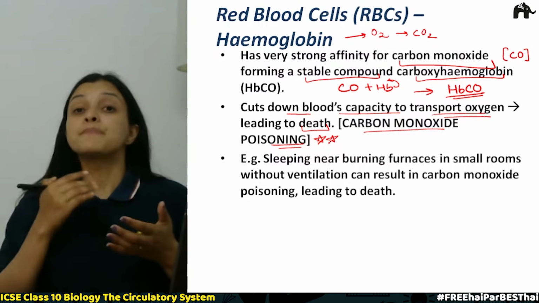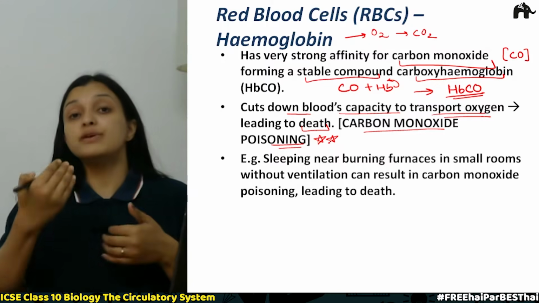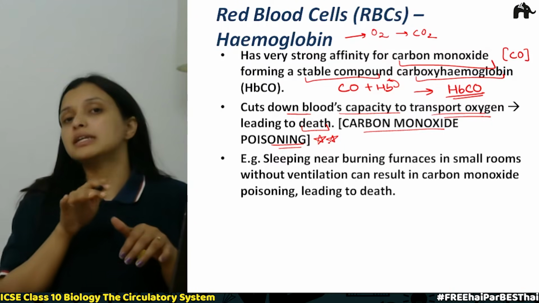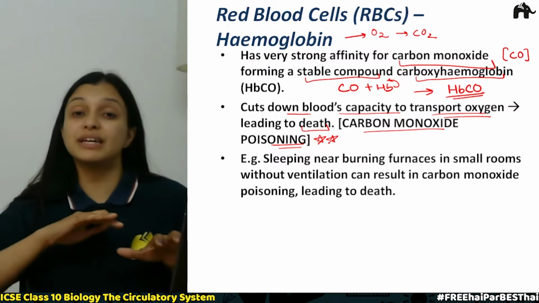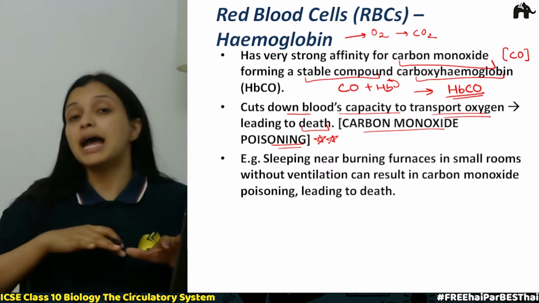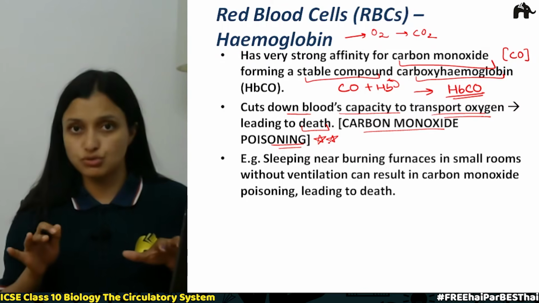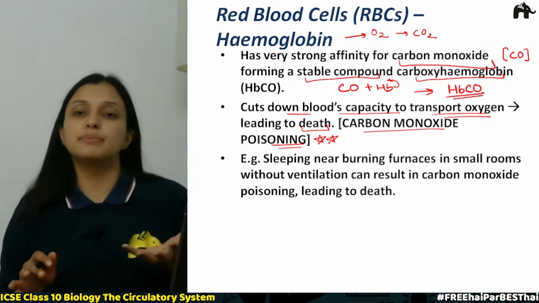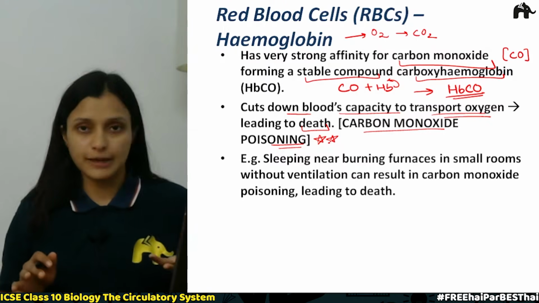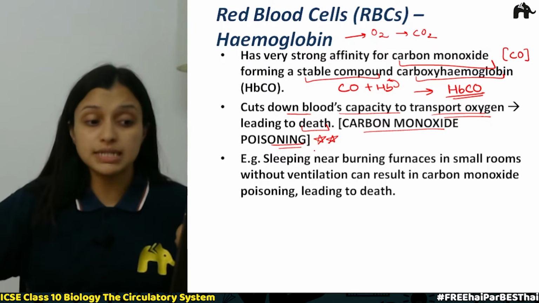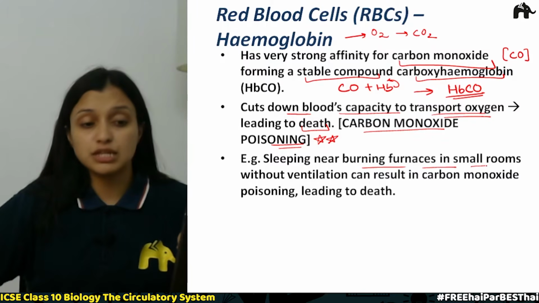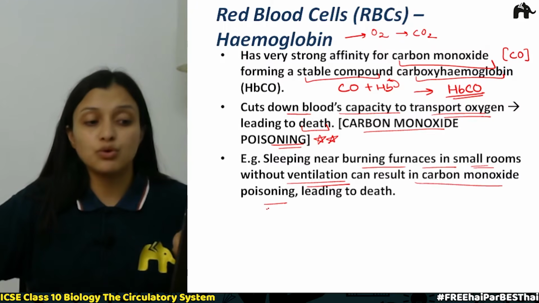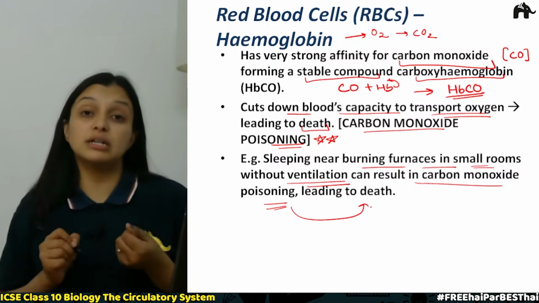So in that case, the person will inhale carbon monoxide, and finally all the hemoglobin will get loaded with carbon monoxide, and there will be no place for oxygen to get transported through that hemoglobin, and finally that person will die because of carbon monoxide poisoning, right? So sleeping near burning furnaces in small rooms without ventilation can result in carbon monoxide poisoning, which will lead ultimately to death.